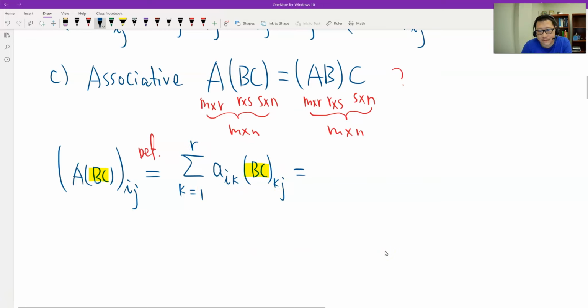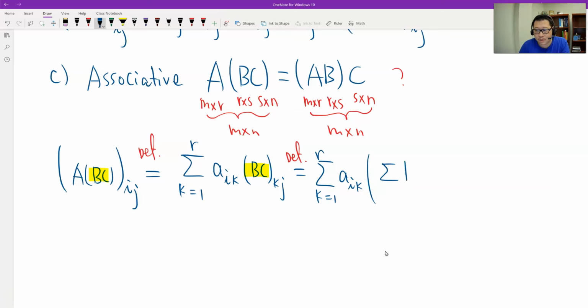Now, what is B times C? The same, we use the definition again of matrix multiplication. I have to put big parentheses and use the summation again. So the kth row of B, which is B k.